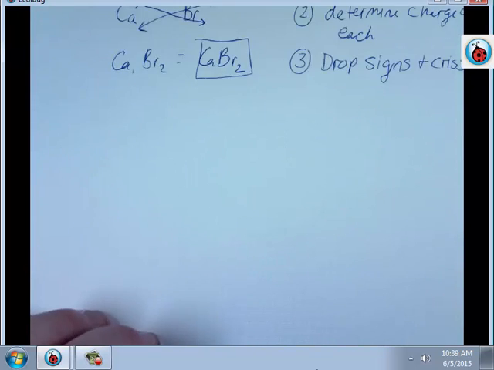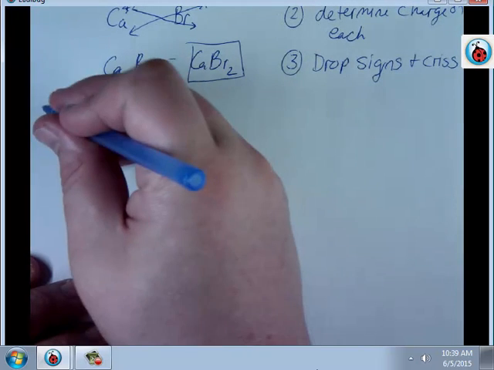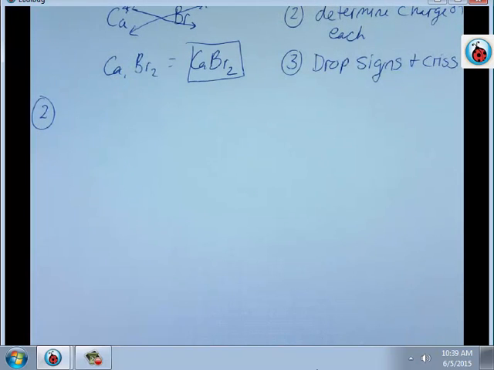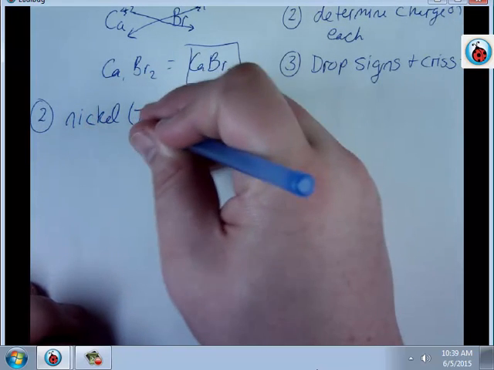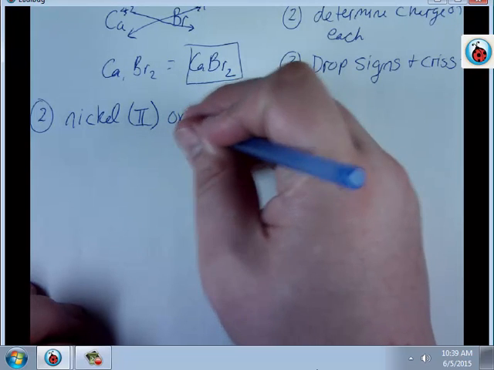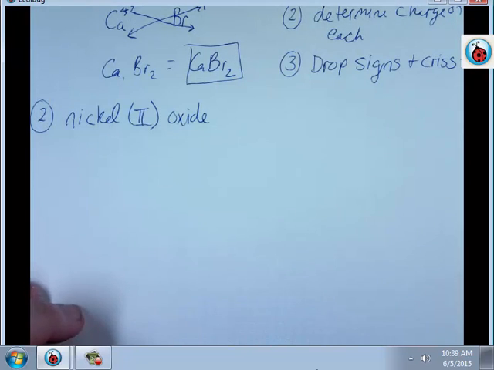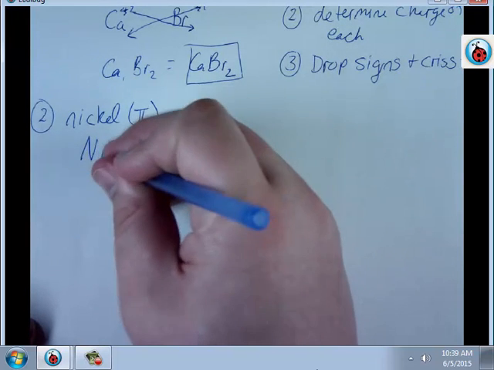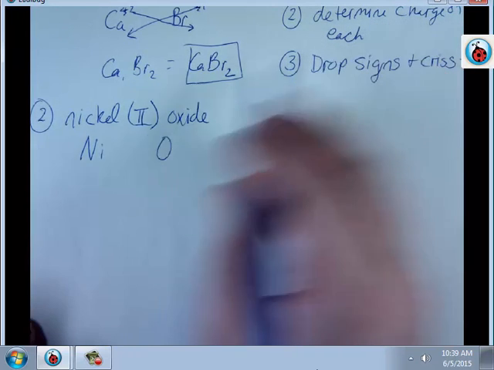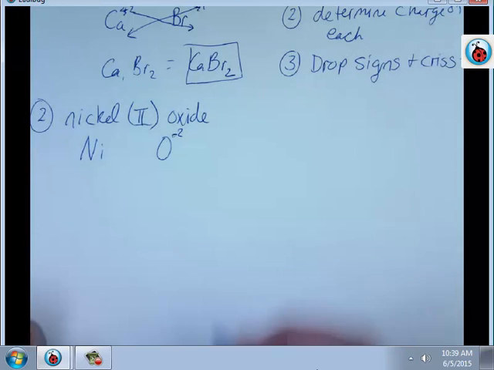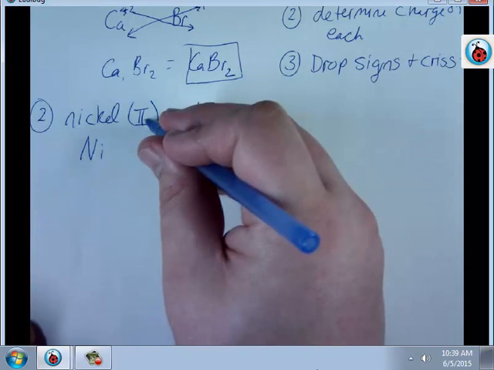Let's try another one. Let's try nickel 2 oxide. Same process as before. Nickel is Ni, oxide's O. Now determine the charge of each. Oxide we know is -2. The nickel has to be +2.